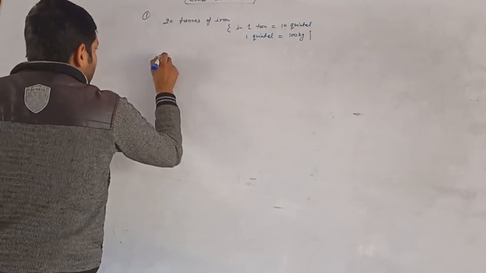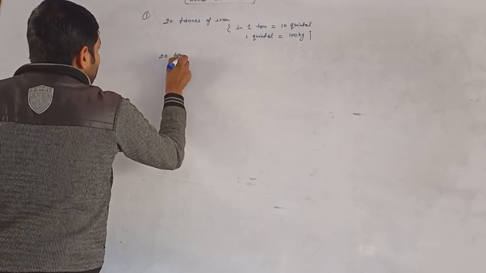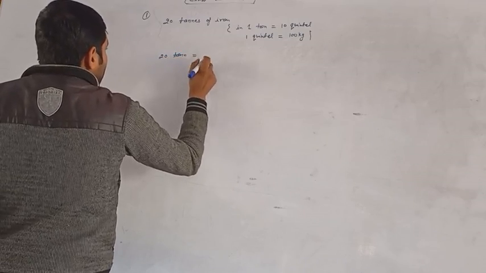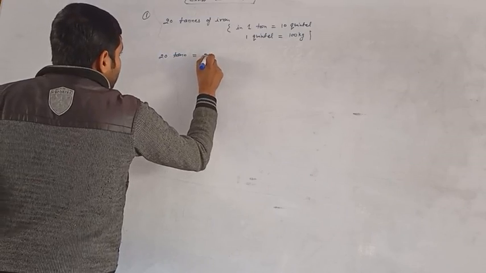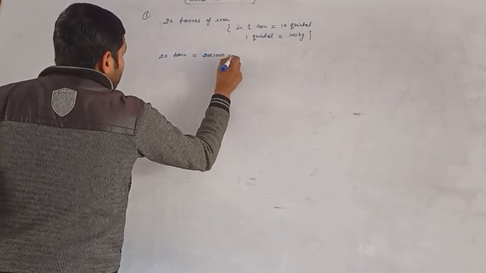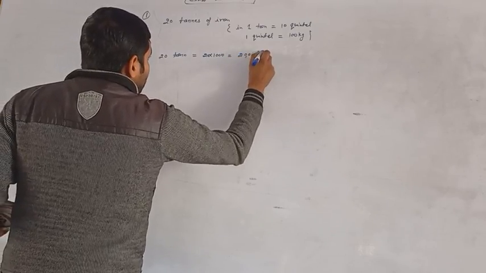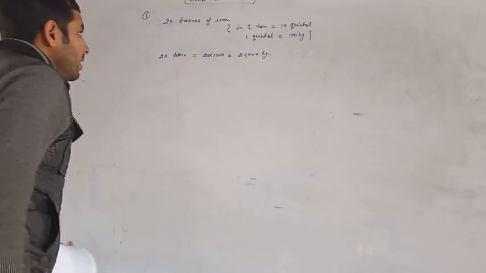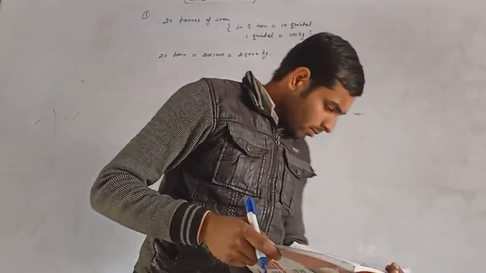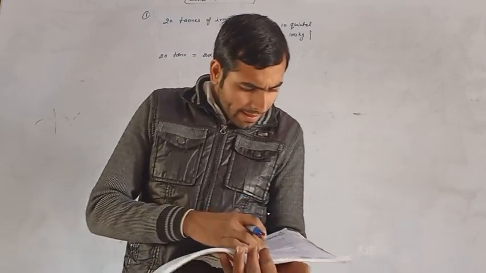So 20 tons is equal to 20 into 1000 kilogram, which is equal to 20,000 kilogram.